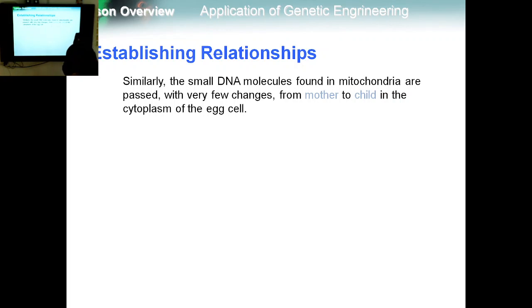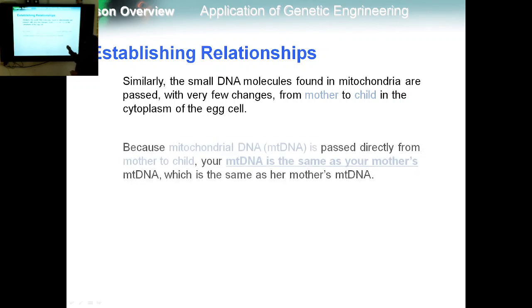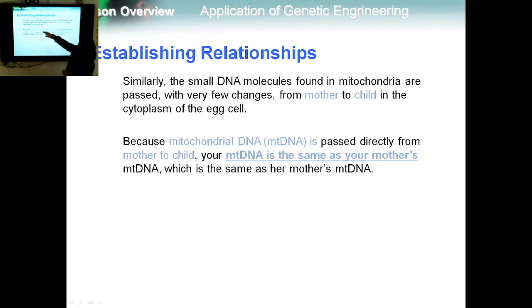So your mitochondrial DNA is similar to your mother, not your father, okay? And your brothers' or sisters' mitochondrial DNA is similar to your mother at the same time. So mitochondrial DNA is passed directly from the mother to the child.